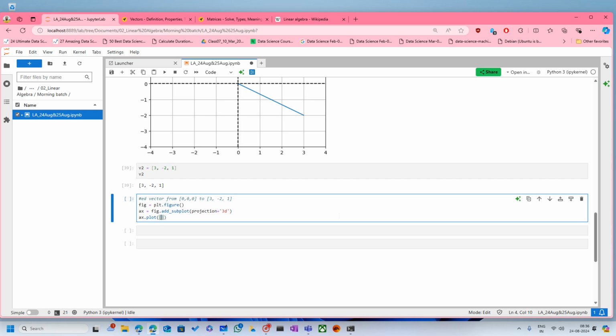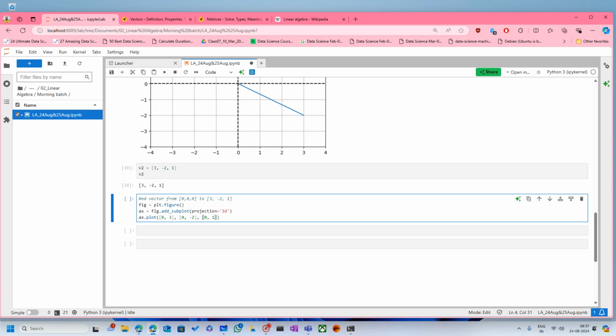In order to add that, it has to be x1, which is your 0 comma, and the next point is 3. That is your x axis. Now in your y axis again 0 comma minus 2. This is your y axis, and you also have the z axis, 0 comma 1.